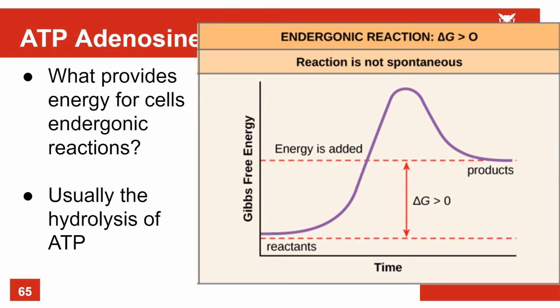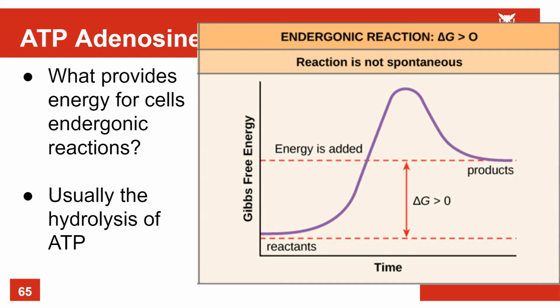All right, adenosine triphosphate. In this section, we're going to learn what provides energy for cells, an endergonic reaction. It's usually the hydrolysis of ATP. If you remember, we talked about endergonic: it absorbs energy, so you have to add energy no matter what. Exergonic will release energy, and those will happen spontaneously, meaning you don't have to add a bunch of extra energy. You still need enough to reach the activation energy, but usually the ambient heat is going to be enough to do that.